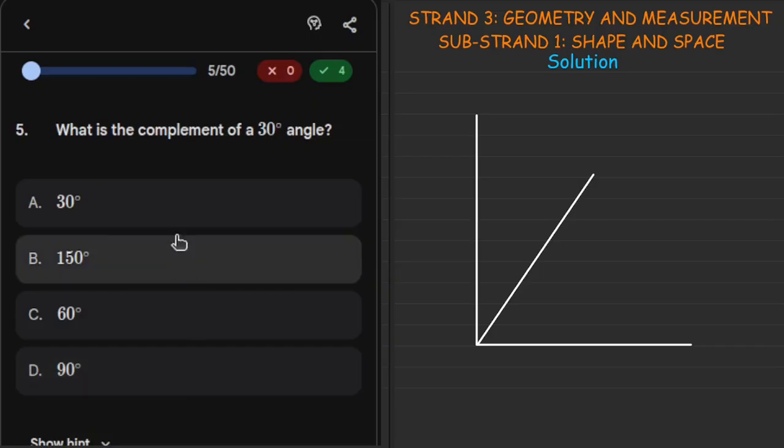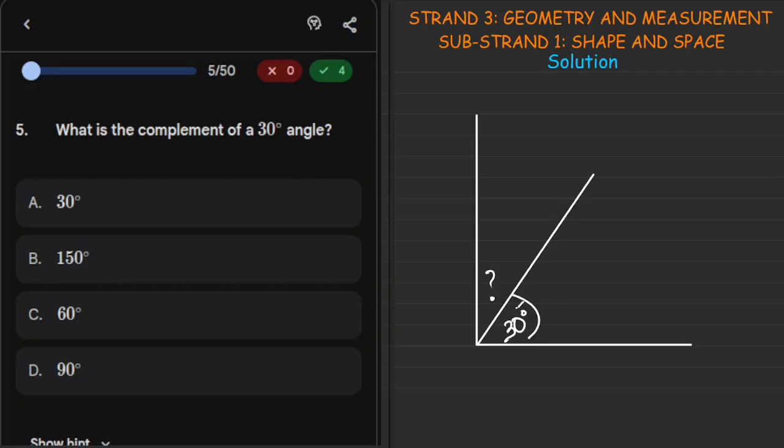Question number 5. What is the complement of 30? This question is asking that if you have one angle measuring 30 degrees, the complement means the other angle adds to it to give you 90 degrees. So what is the value we need?